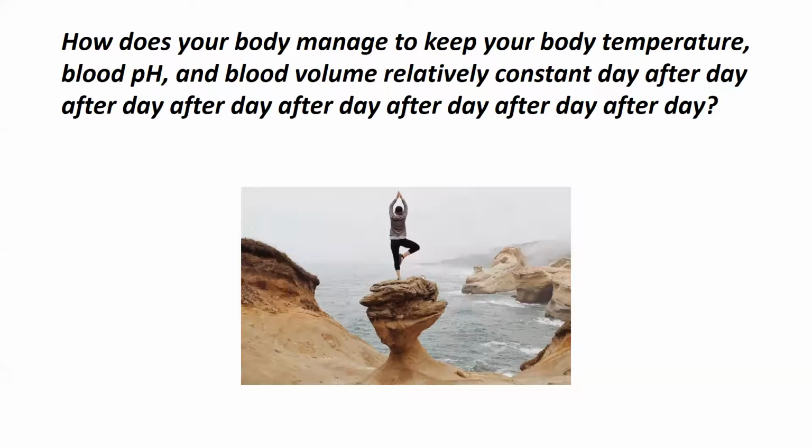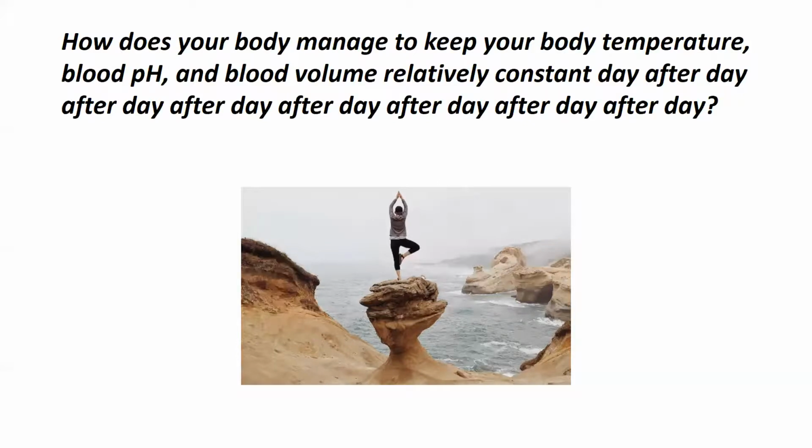So this concept, or this philosophy, where the body is continually making small alterations to keep things in balance is what we call homeostasis. It's where the body is striving to keep things in a constant state of balance, even when we are not conscious of it, while we're sleeping.